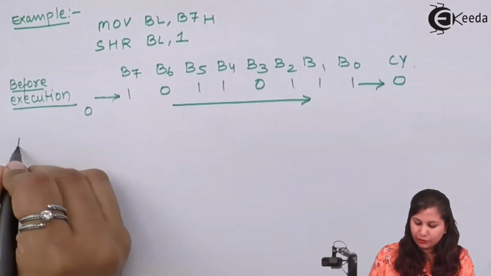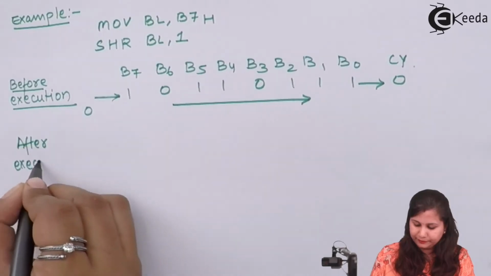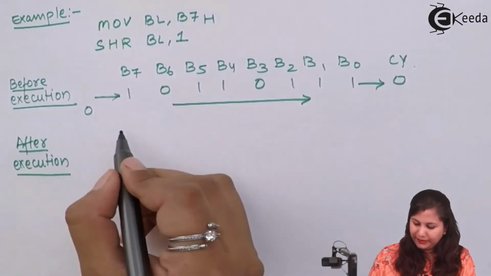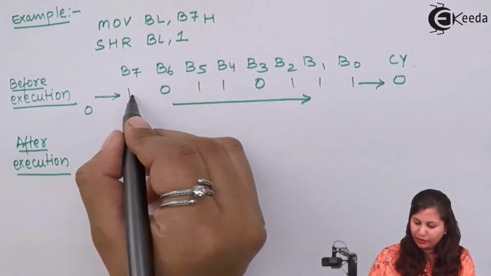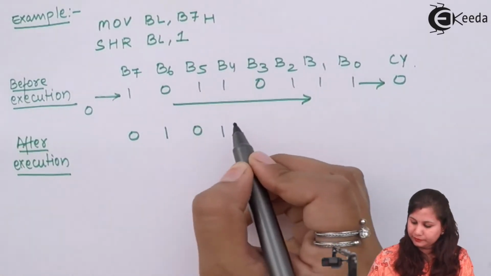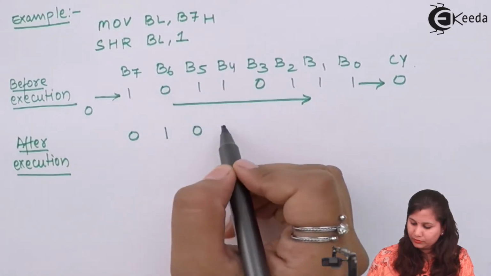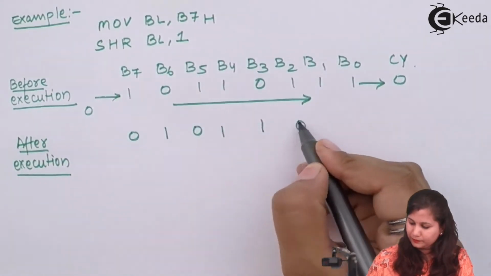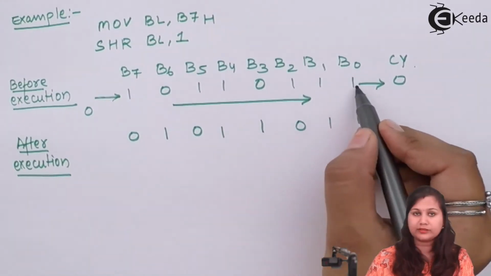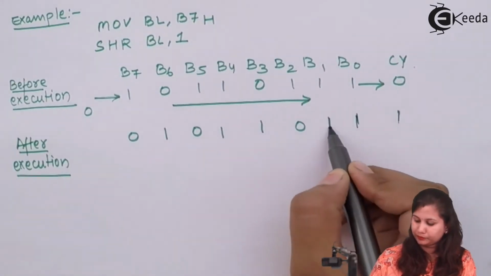So after execution, the contents of the BL register will be: B7 will be made 0, 1 will be shifted here, 0 will be shifted here, then 1, and this B0, that is LSB, is 1, so 1 will be shifted into the carry flag.